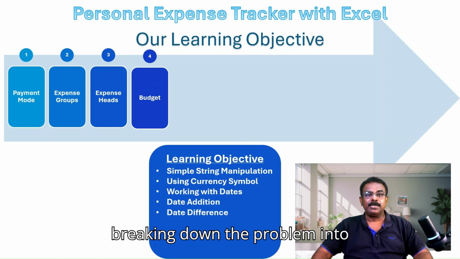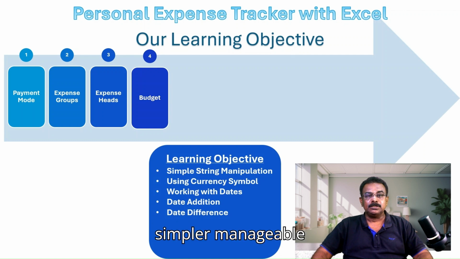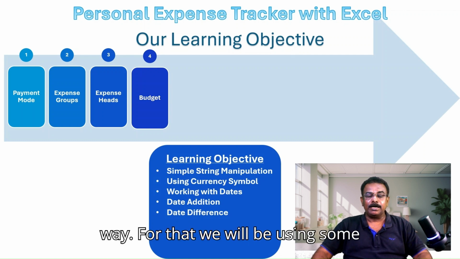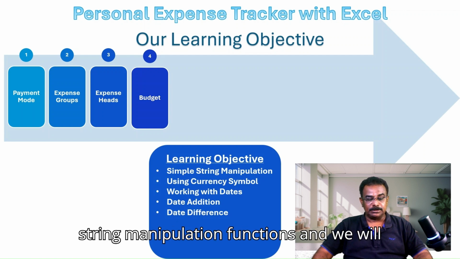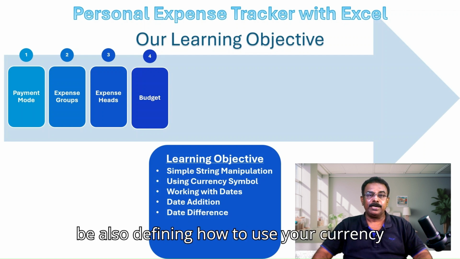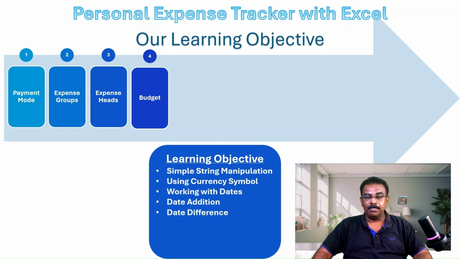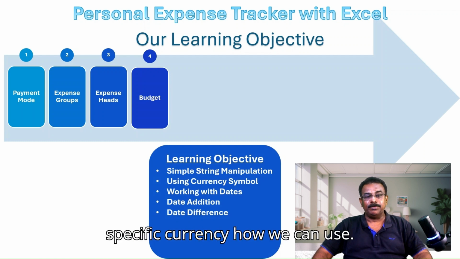So we'll be breaking down the problem into a simpler, manageable way. For that, we'll be using some string manipulation functions, and we'll also see how to use your country-specific currency.